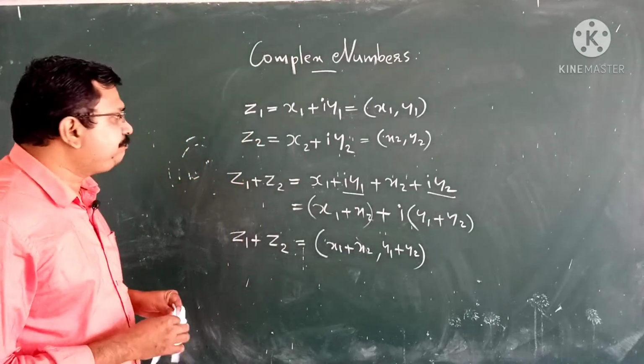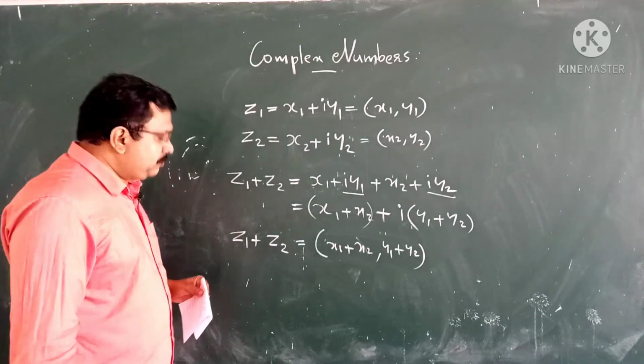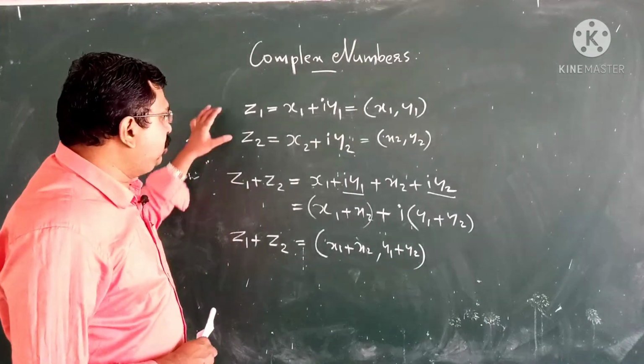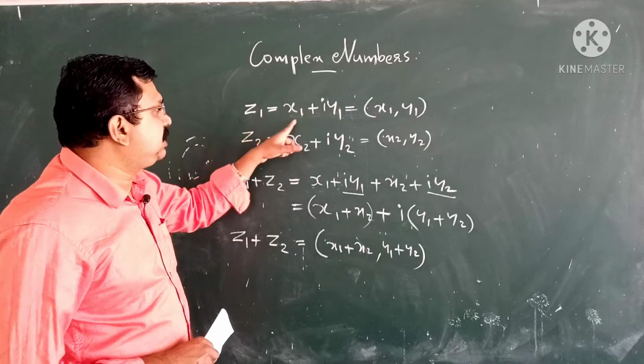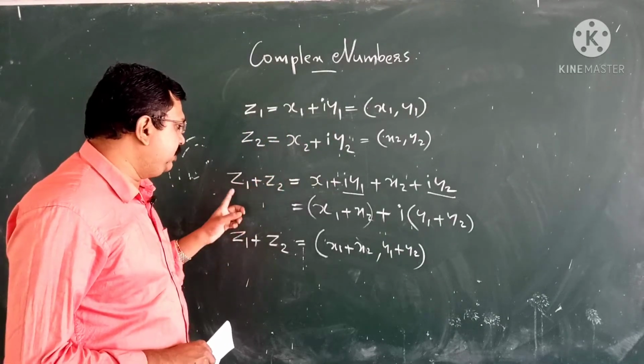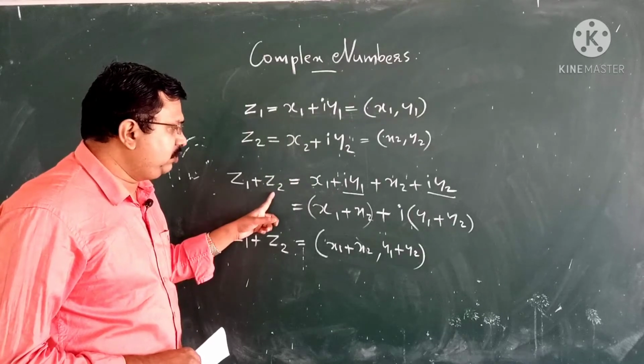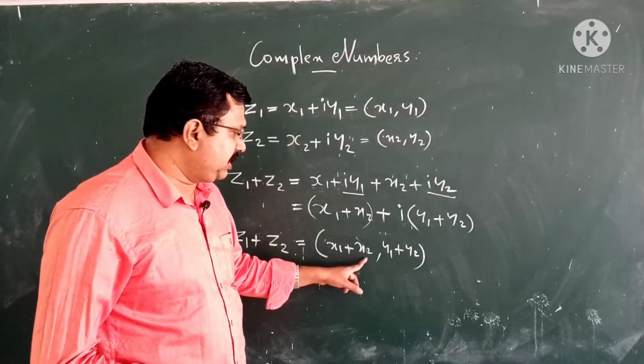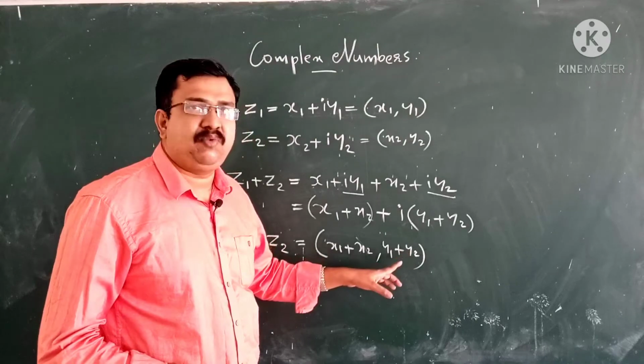For example, remember that here is addition of two complex numbers. z1 is x1 plus iy1 and z2 is x2 plus iy2. Then z1 plus z2 is equal to (x1 plus x2, y1 plus y2).